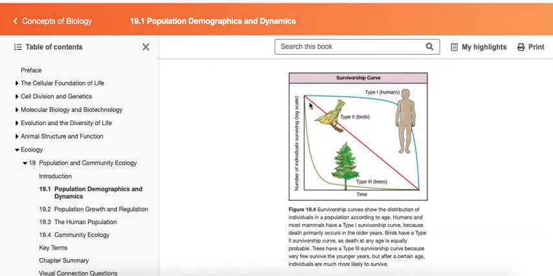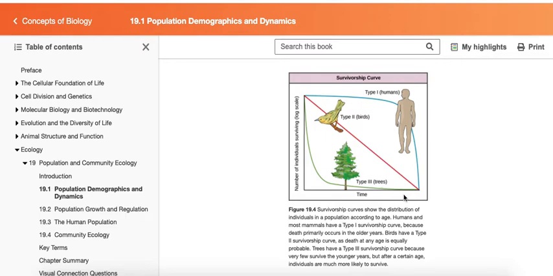So it's not like, oh, as long as I make it to 6 months old, I'm probably going to live till I'm 70. No, at any point you have an equal chance of living or dying. So not as many species follow this survivorship line on the curve scale.